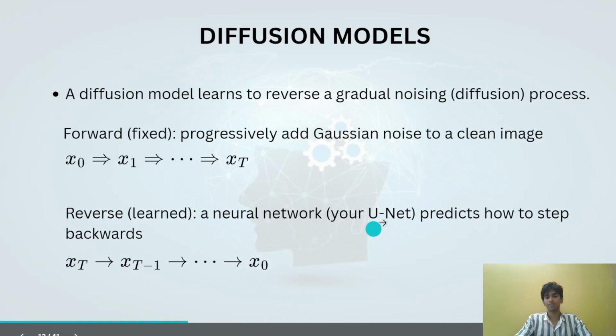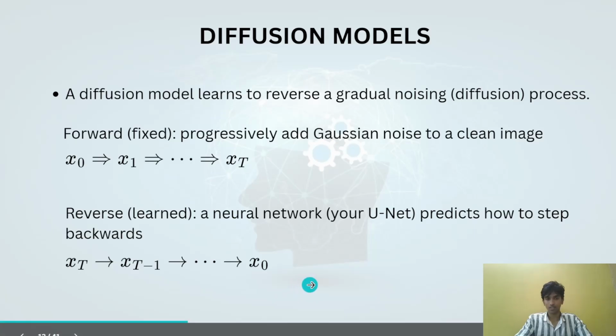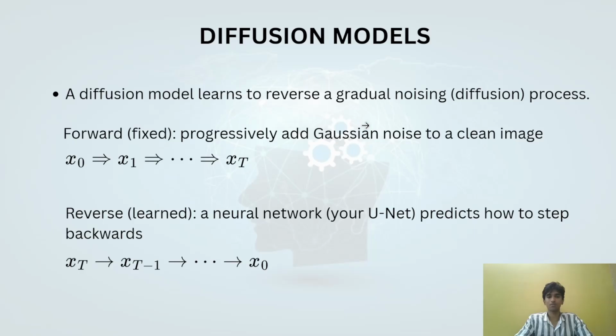The name UNet comes from how this goes in a U-shaped manner. First we have our image, then we noise it, and then we denoise it and obtain the original image back. That's loosely the reason behind why it's known as UNet. There are other reasons which I'll explain at the end of this presentation.